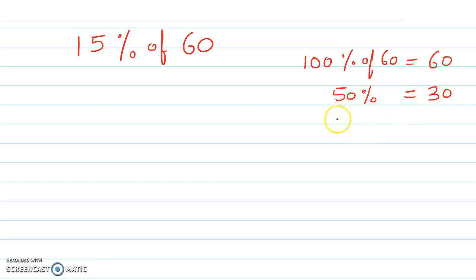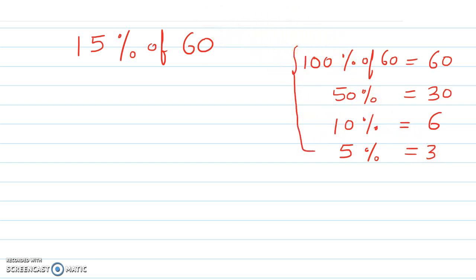Now if we say 10%, you just put the decimal after one digit, or you divide by 10. So 60 divided by 10 is 6. And 5% will be half of 10%, that is 3. So this is our rule we are going to apply.